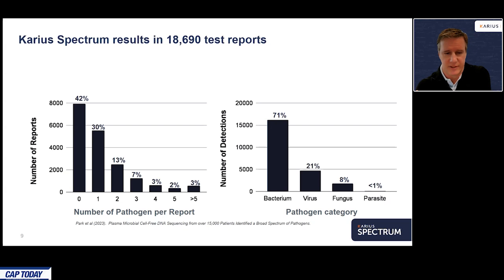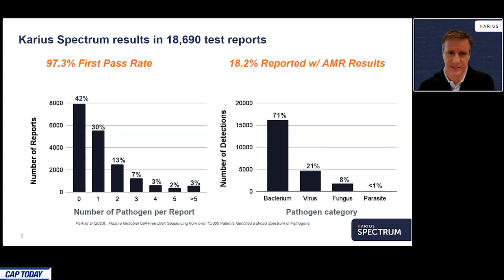Operationally, we strive to make sure that there's a high success rate. I'll just double click a couple of things here. We have about 97.3% of the reports being returned within 24 hours of our receipt of those specimens.